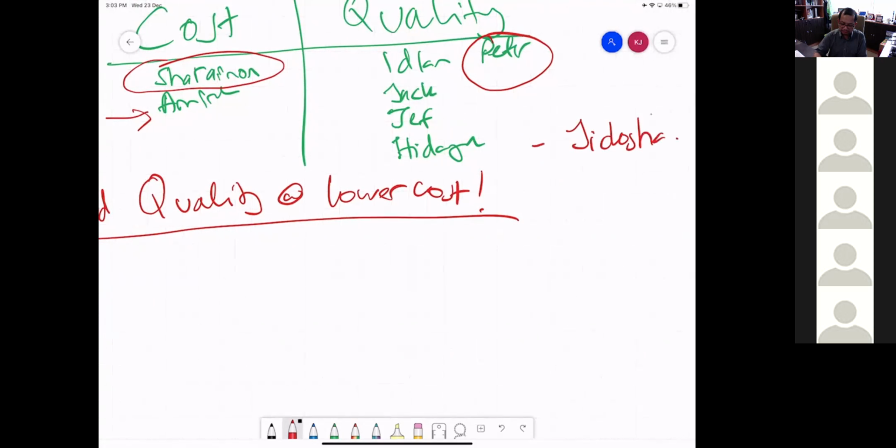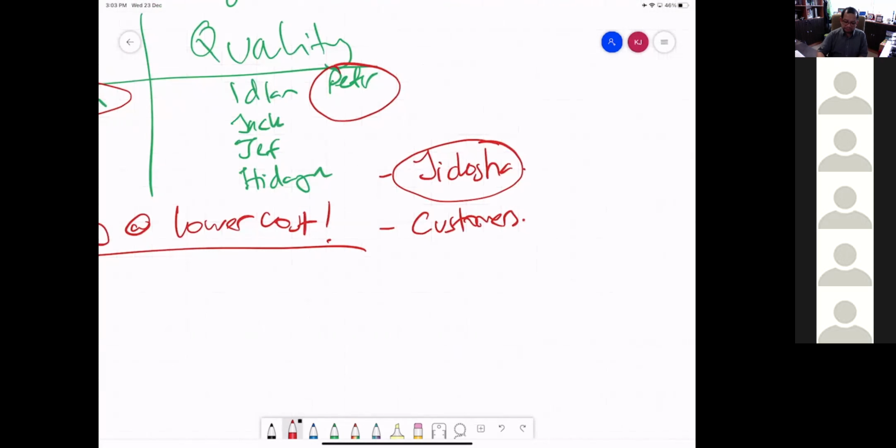I'm talking about Toyota, because this color is also Toyota color, my pen, red. And consumers. These two parties, what are they looking at? Quality. They are looking for value, actually. Am I right? Yeah, value.